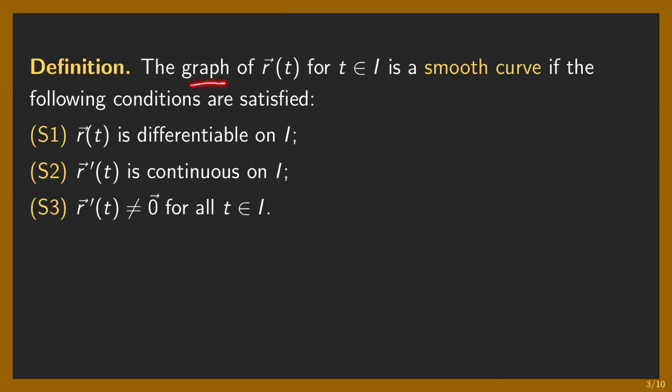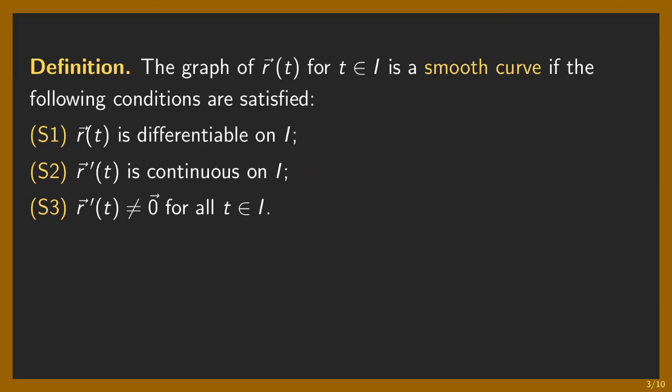The graph of r of t for t in I is called a smooth curve if the following conditions are satisfied. Number 1, r of t has to be differentiable. r of t must have a derivative.